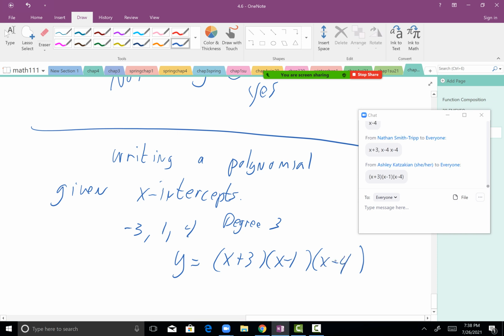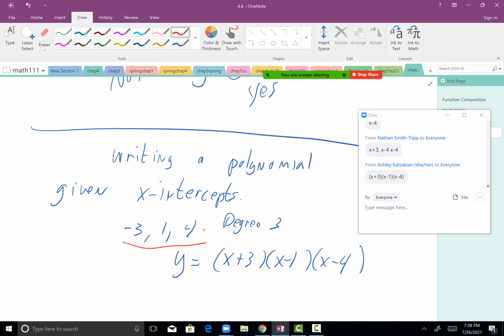I'm getting lots of answers. Yeah, that's what you're looking at, right? Again, that's coming from here. 3, 1, 4. Notice that this is a plus 3 because again, it's the opposite. Same thing with these negatives here. It's always going to be the opposite.